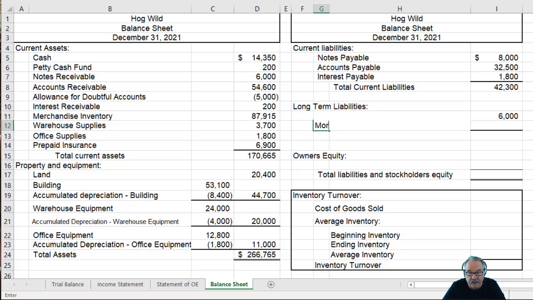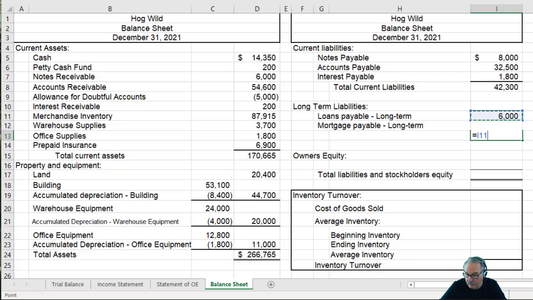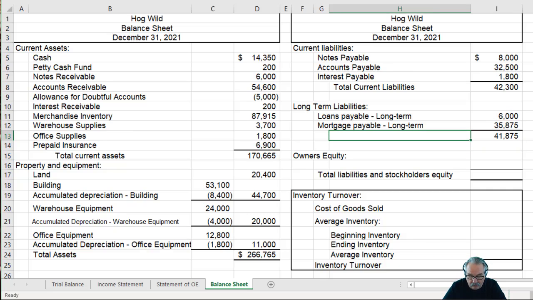And we have a mortgage on the building and the land, which is a long-term liability. $35,875. So our total long-term liabilities, $41,875.